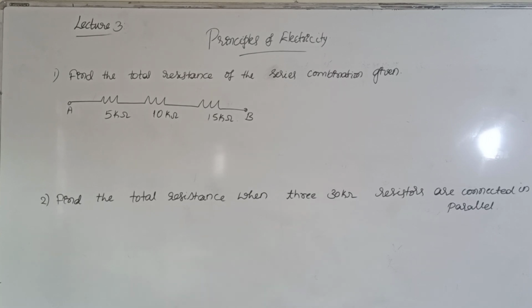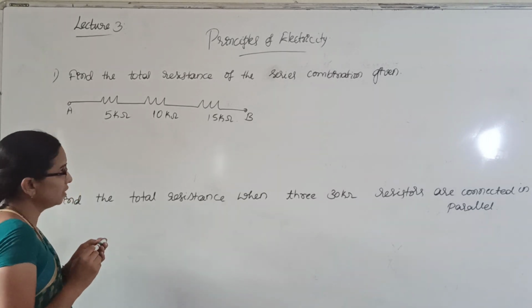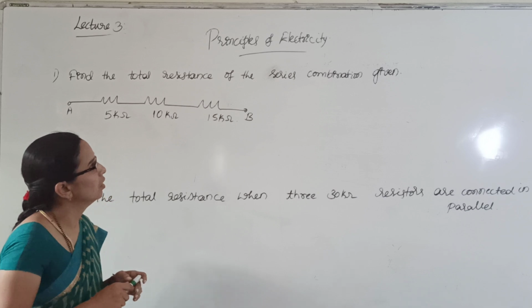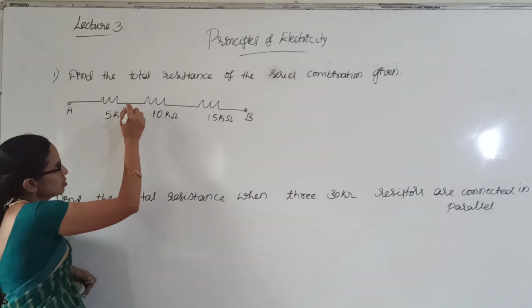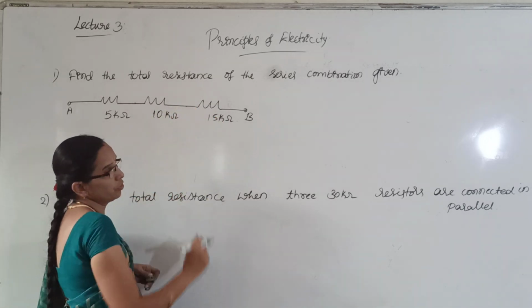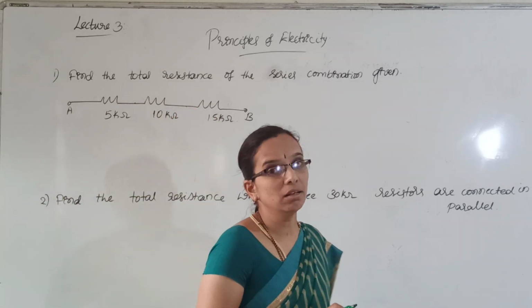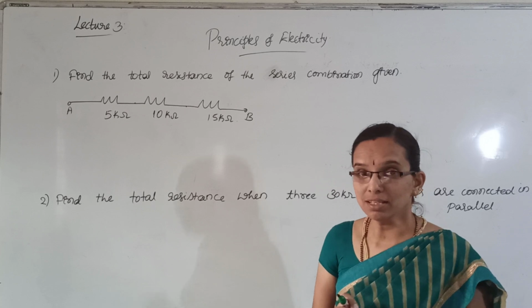Okay. We have some simple problems here. Find the total resistance of the series combination given. That means 5 kilo ohm resistance, 10 kilo ohm resistance and 15 kilo ohm resistance are connected in series.